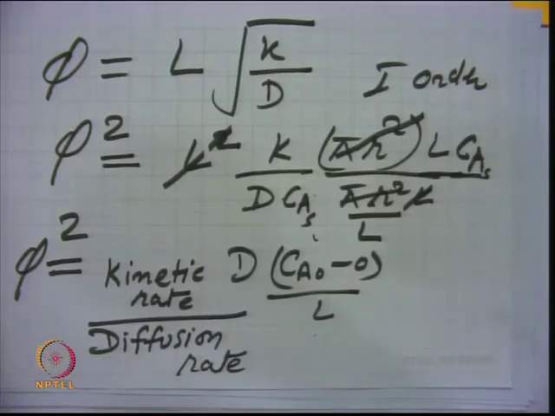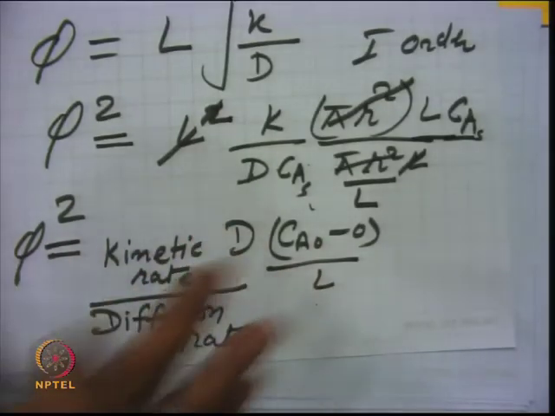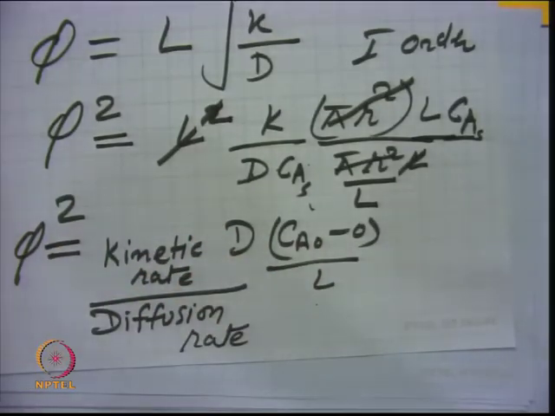So, the definition of Thiele modulus square, that is phi square, is defined as the ratio of kinetic rate divided by diffusion rate, or in other words, because 1 upon diffusion rate is nothing but diffusion resistance, it is diffusion resistance divided by kinetic resistance 1 upon k, which is indicating the kinetic resistance. So, the definition of Thiele modulus gives you the idea about which term is dominating during reaction, whether kinetics is dominating or diffusion is dominating in a reaction.